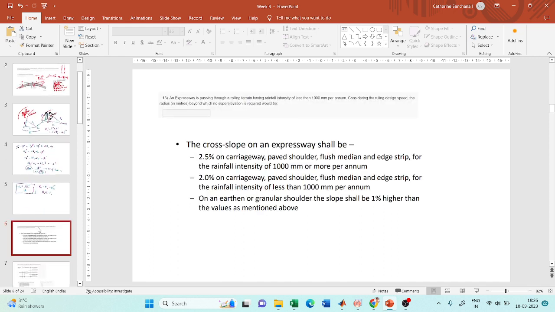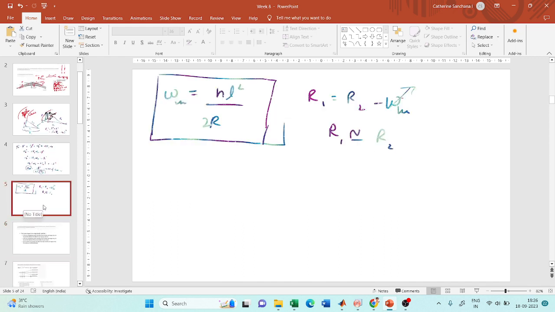Okay, so this is mechanical widening, and we saw that psychological widening is just an empirical formula. So we will see psychological widening as well. That equation is nothing but 0.1 V by root R, where V is in kilometers per hour and R is in meters.